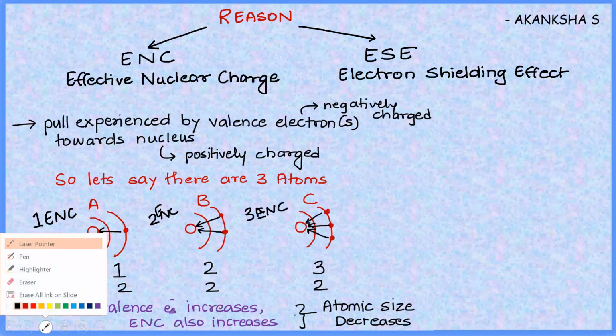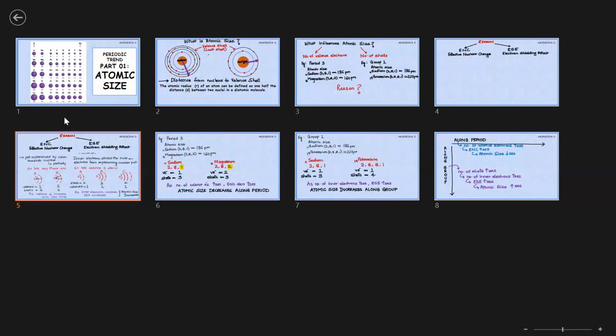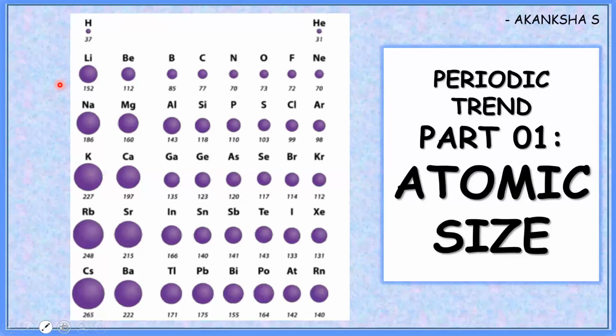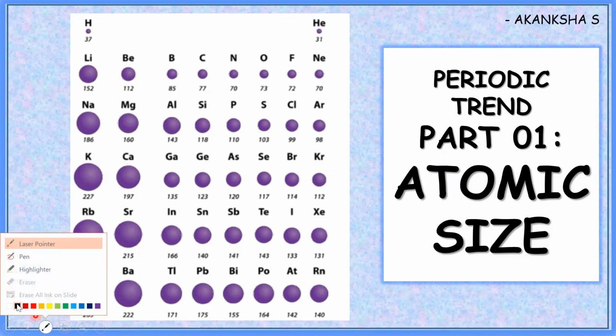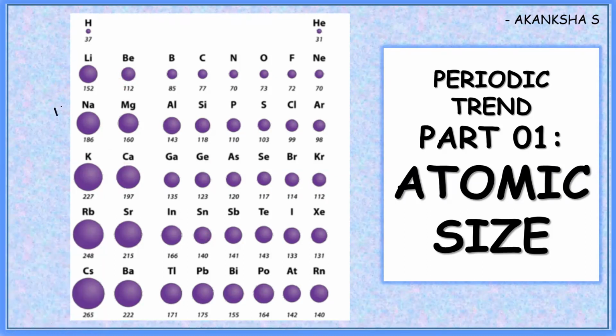Let's have a look whether what I'm telling is correct or not. When we go along a period, see, sodium to chlorine. Sodium, you might know, has an atomic number of 11, so its configuration is 2, 8, 1. Chlorine, on the other hand, has an atomic number of 17, configuration 2, 8, 7.